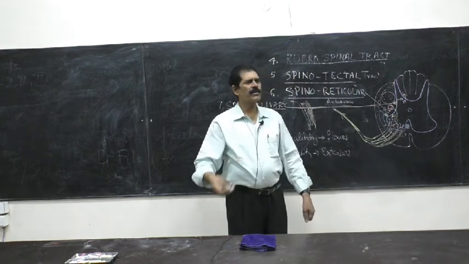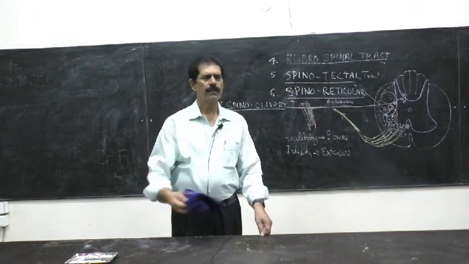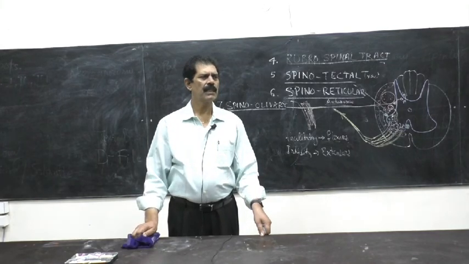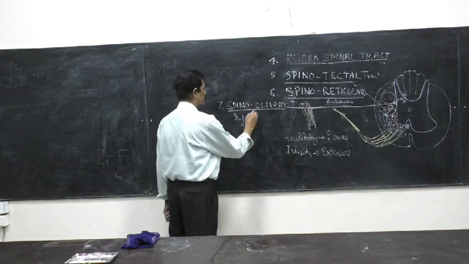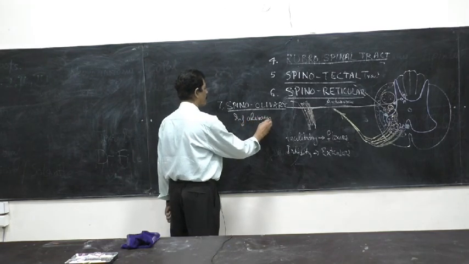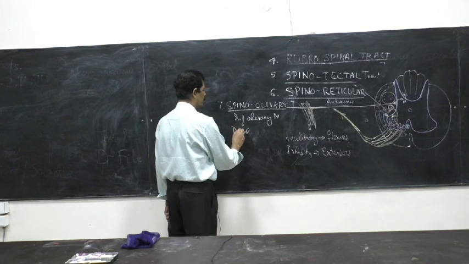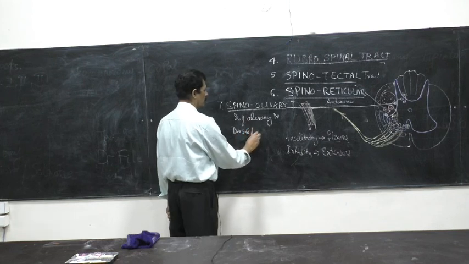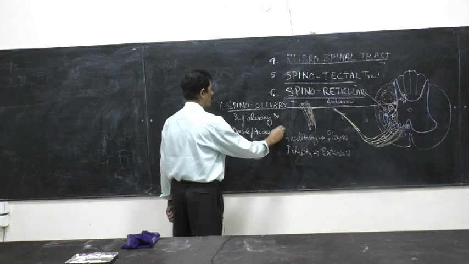These ascending fibers ascend upward and end in the inferior olivary nucleus of the medulla, and then the dorsal and accessory olivary nucleus.